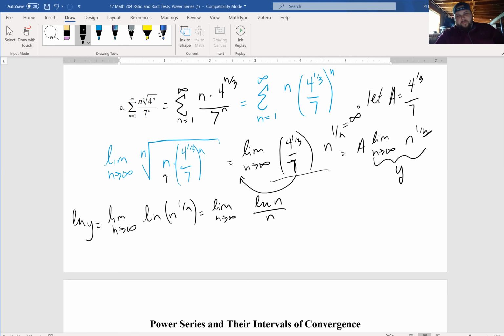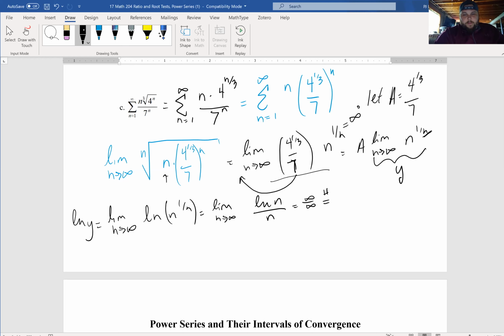So I'm either multiplying by 1 over n or dividing by n. Same concept. Now if I try to plug in, I get infinity over infinity, which says now you may go ahead and actually use L'Hopital's rule.